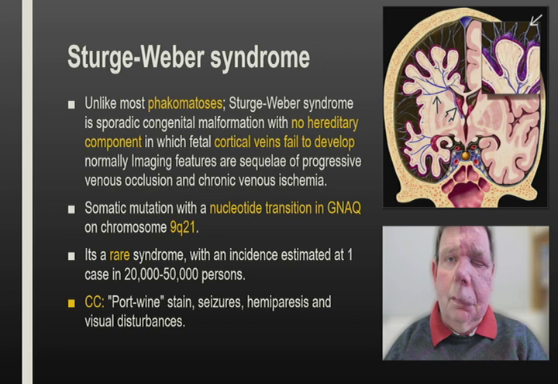There is a somatic mutation with nucleotide transition in GNAQ, chromosome 9q21. It's a rare syndrome with incidence estimated at one case in 20 to 50,000 persons. The clinical presentation of this patient is a port-wine stain, seizure, hemiparesis, and visual disturbance.